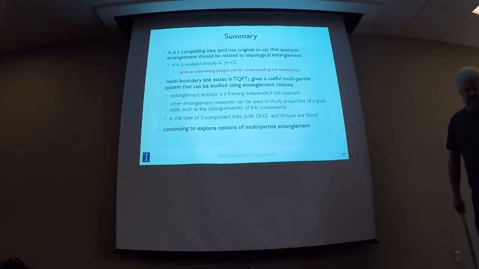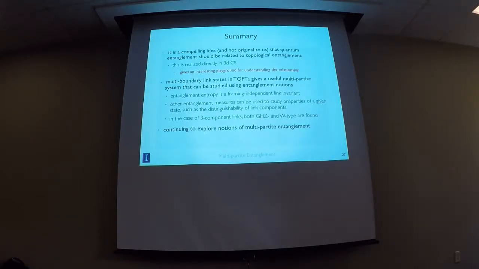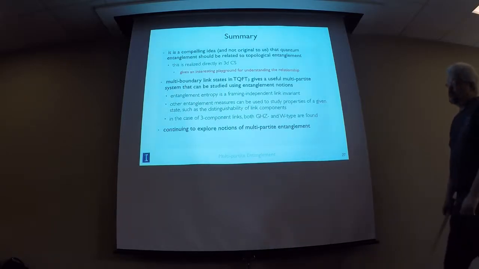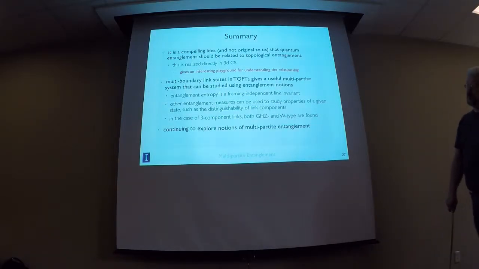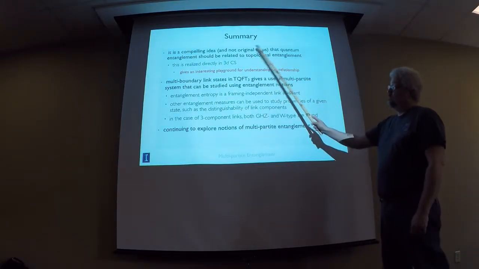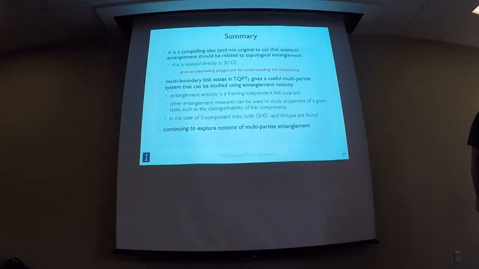In fact, I had tried several years ago to do this in an even simpler case of 2D topological field theories, and essentially they're too simple to be interesting. So it's kind of pleasant that this gives us an interesting playground.